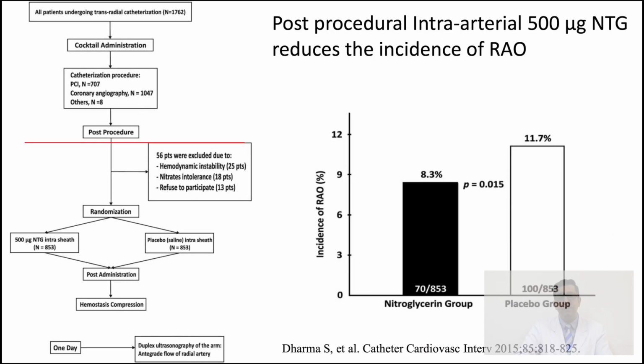This was a randomized controlled trial, and we have shown that the use of 500 micrograms of nitroglycerin administered through the sheath at the end of the radial procedure was associated with a reduced risk of radial artery occlusion compared to placebo.